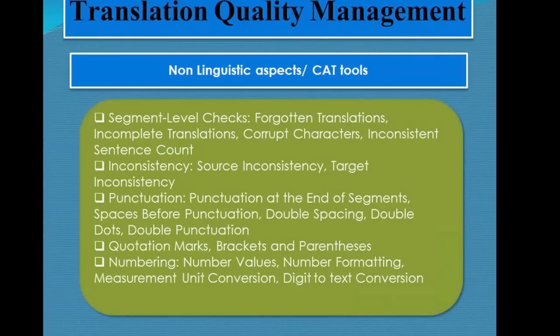You don't need to be an expert to check the quality of a translation. These are all basic requirements; if somebody is linguistically correct, he or she will be non-linguistically correct most of the time. I am saying most of the time.